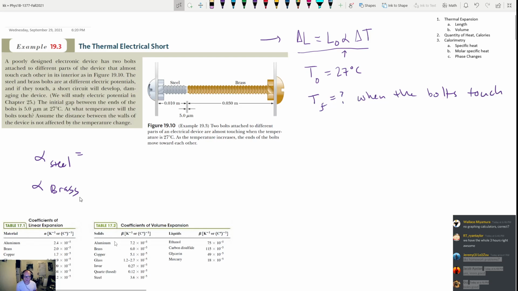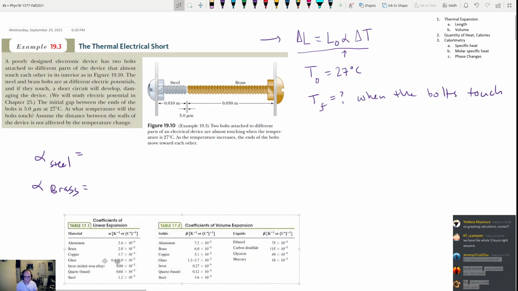We want the linear coefficient of expansion. Let me move my Discord so I can actually see this. So for brass, it's 2 times 10 to the negative 5 per degree Celsius. And then for steel, 1.2 times 10 to the negative 5.